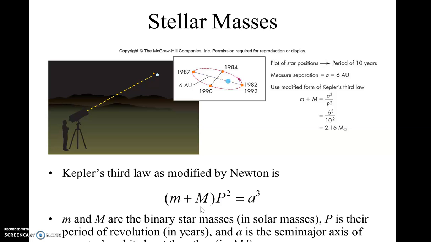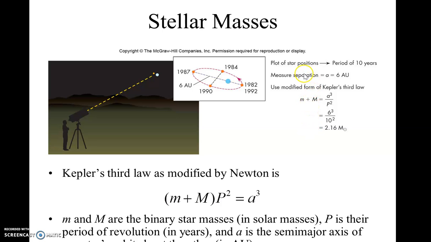In other words, some number times the mass of the Sun. If the number is greater than 1, then it's greater than the mass of the Sun. If it's less than 1, it's less. P is the period, of course, in seconds, and A is the distance between the stars in astronomical units.